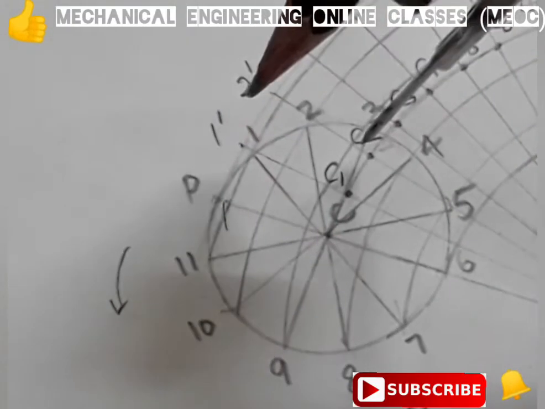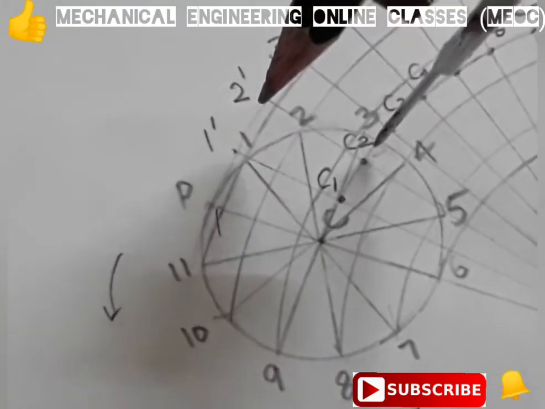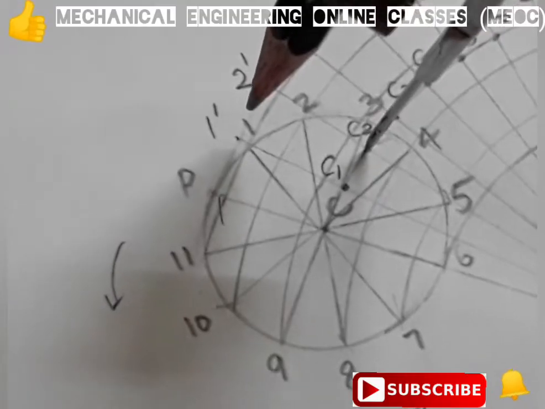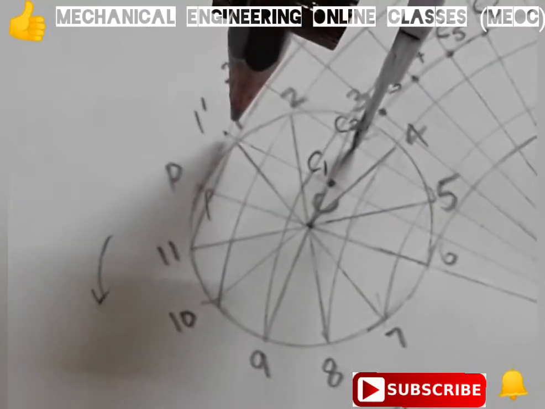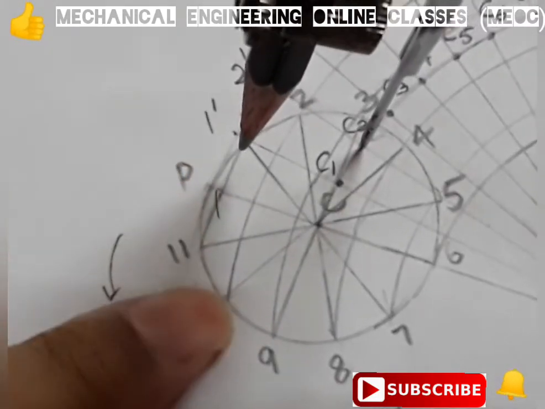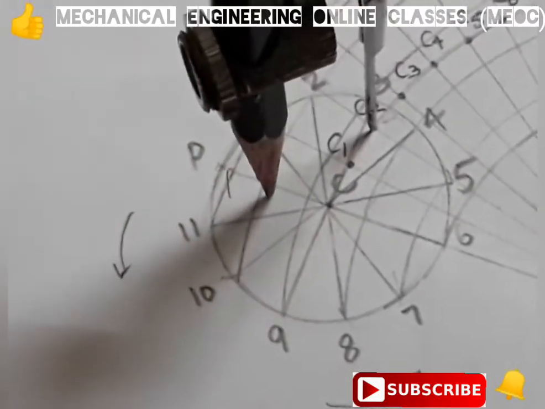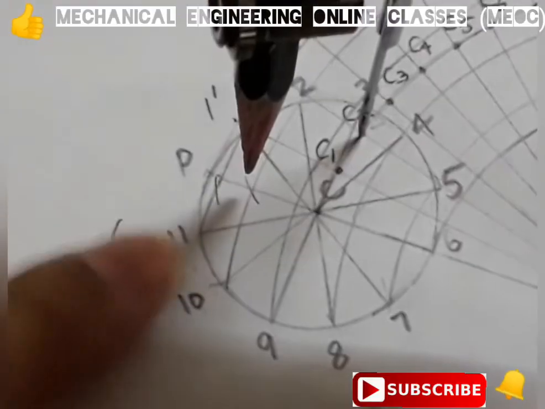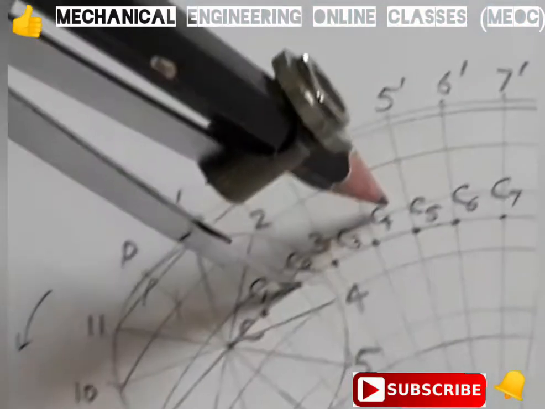Now after 2/12 of revolution, with the same radius and center C2, the point P will move to the height 10. I am drawing an arc on the left side, not on the right side. I am not drawing it in this way.